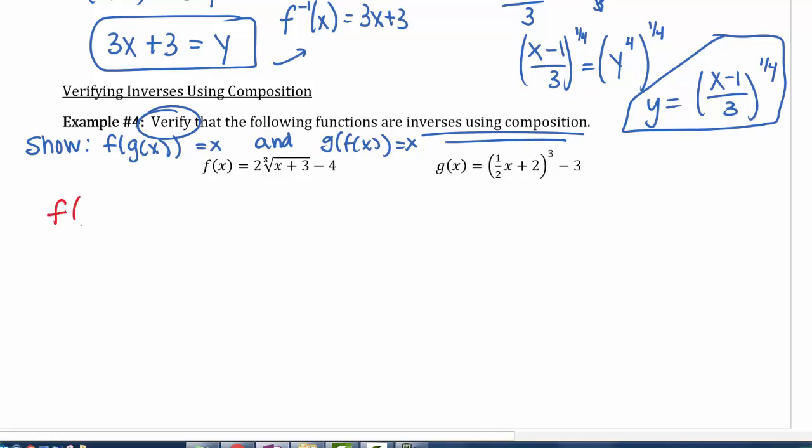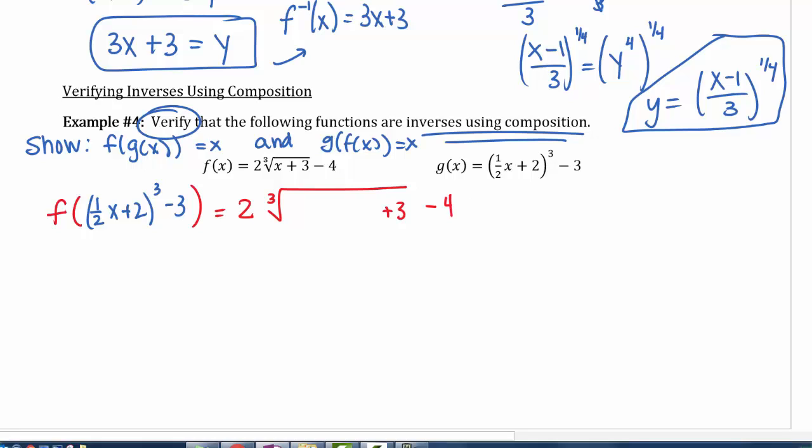So f of g of x, so g of x is 1/2 x plus 2 to the third minus 3. And I need to plug that in for x, right? So the 2 and the cube root and the plus 3 and the minus 4 stay the same.